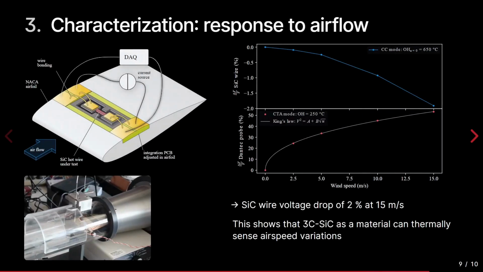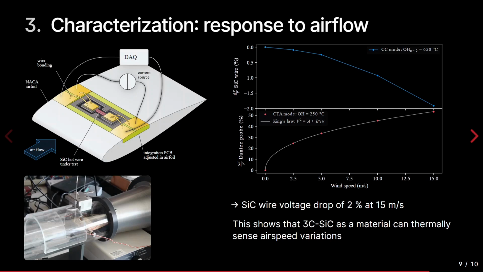And to show that it can in fact measure airspeed, we took our little device and we wire bonded it onto a PCB that we flush mounted on a small scale wing. And so there is a current source which heats up the wire, and we measure the voltage with an acquisition card.